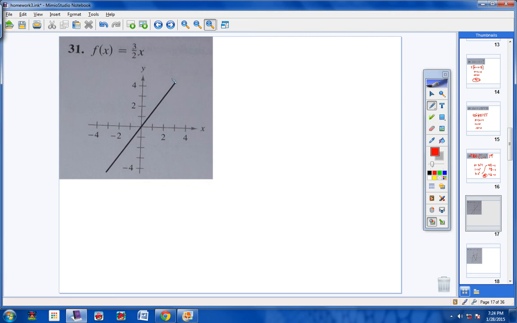Okay, now first of all, let's talk about increasing or decreasing. From the left to the right is always how you read a graph when it comes to decreasing and increasing. Well, it looks like to me it's increasing the entire time, and there's no boundaries to the right, there's no boundaries to the left, so it's increasing from negative infinity to positive infinity, okay?